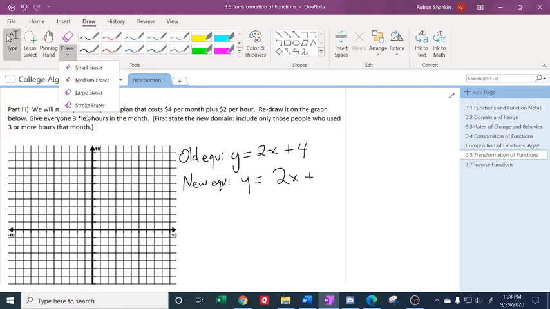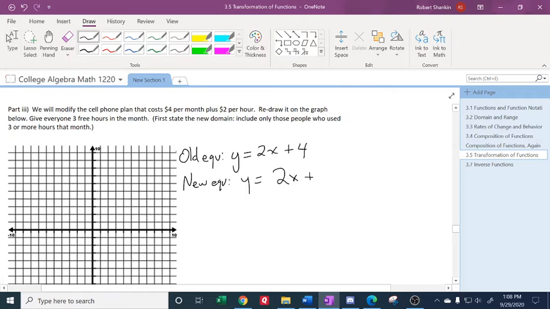Something with the minus 3? Okay. Let's check this out. Minus 3. Maybe the 3 free hours in a month would cause there to be like a minus 3 over here. And let's see if this is right.